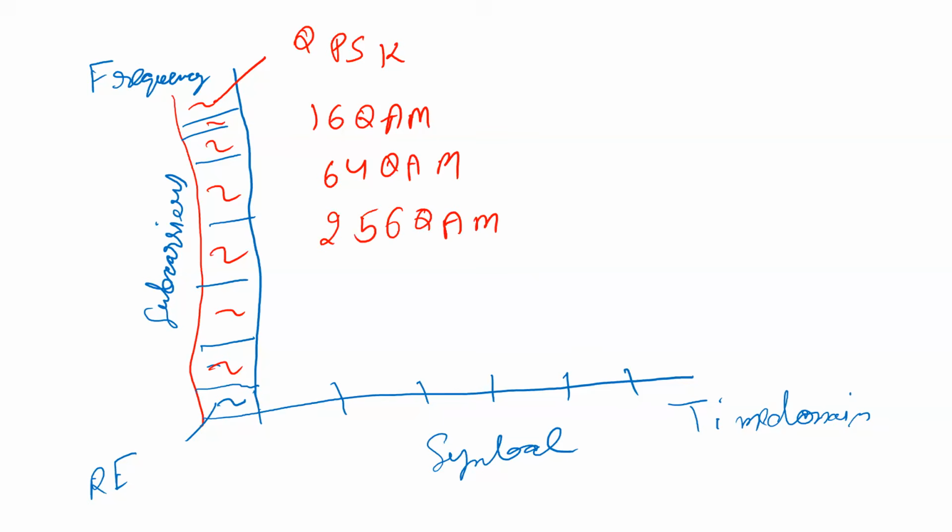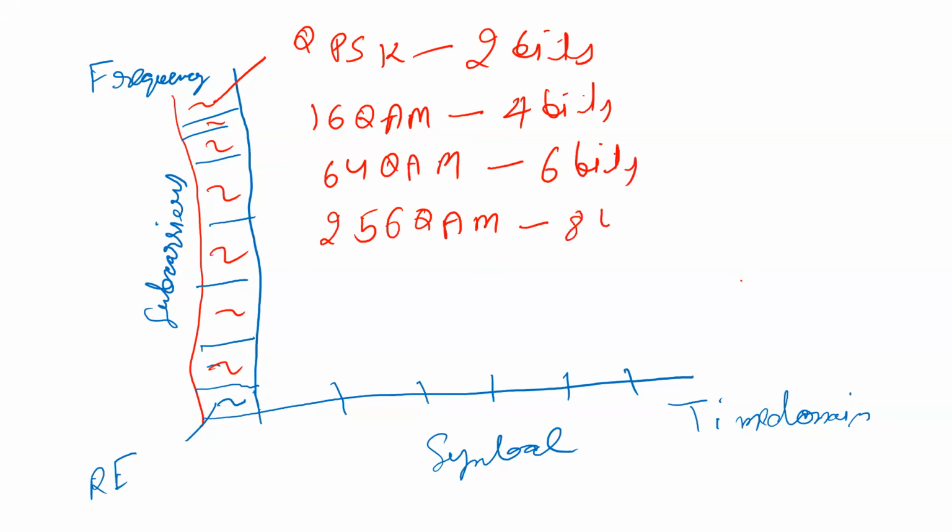Modulation means how many bits can be represented for one subcarrier for one symbol time. QPSK represents how many bits? 2 bits. 16 QAM represents how many bits? 4 bits. 64 QAM, 6 bits. And 256 QAM represents 8 bits.